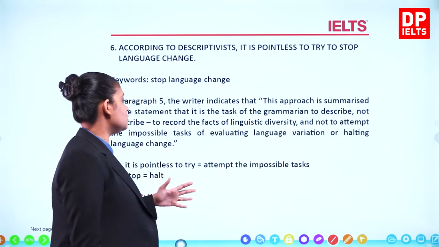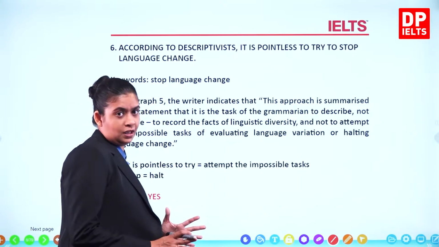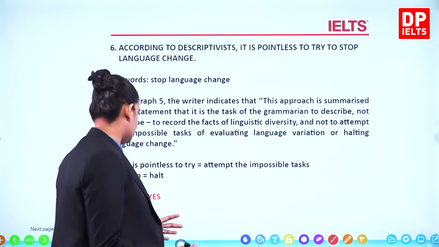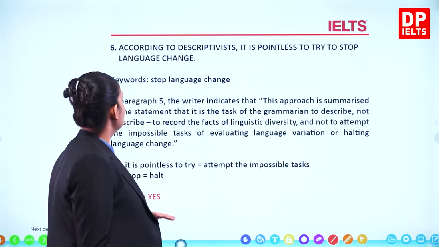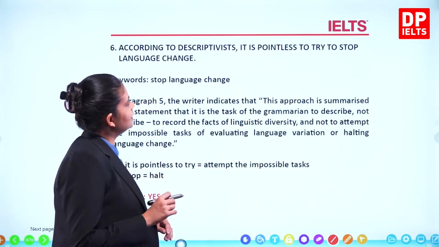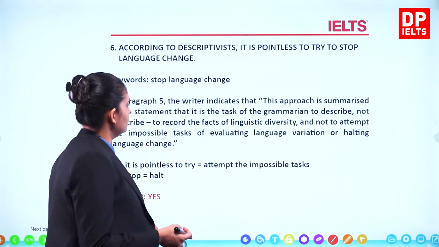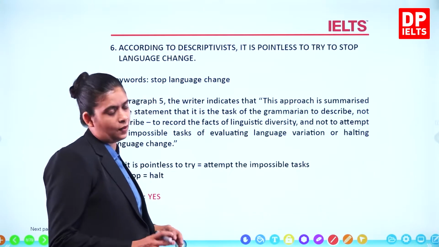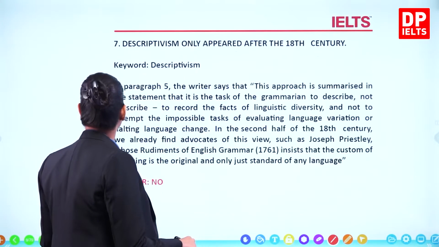So "it is pointless to try" means attempting that impossible task. Stop means to halt. So yes, according to descriptivists, it is pointless to try to stop language change. Yes, it is pointless. So the answer is true.